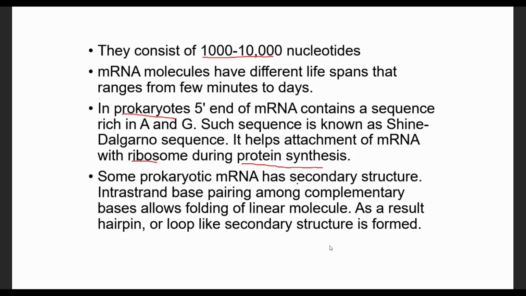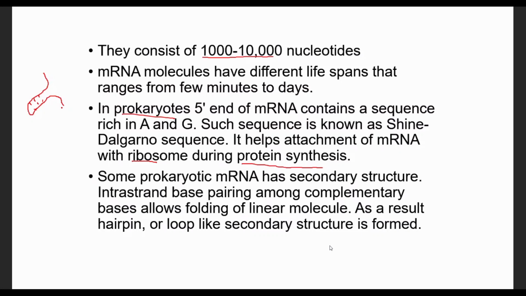For example, assume this is one strand, then it will be folded and form intrastrand base pairs. This is the secondary structure. Like this, a hairpin or loop-like structure is formed in some prokaryotic messenger RNA.